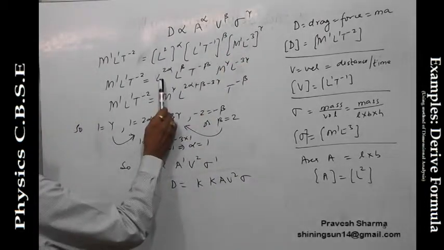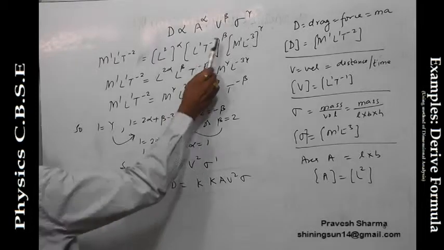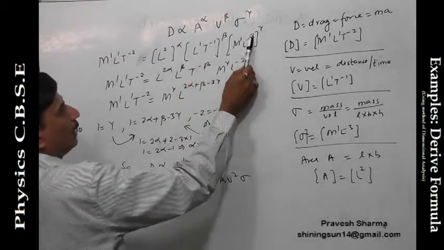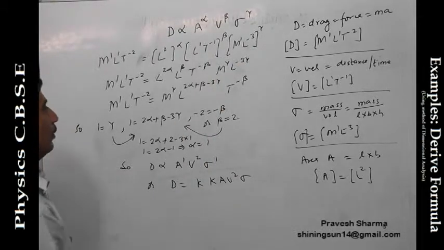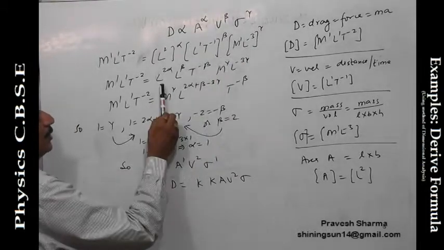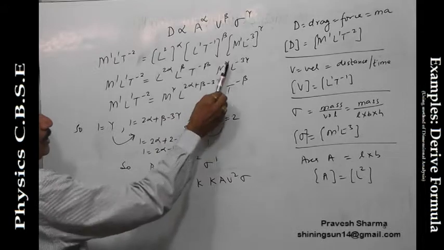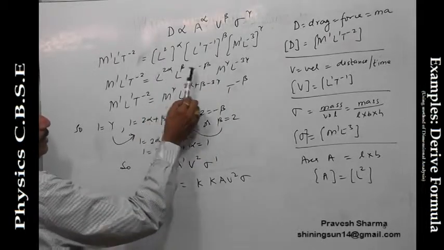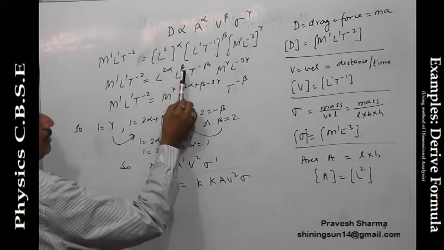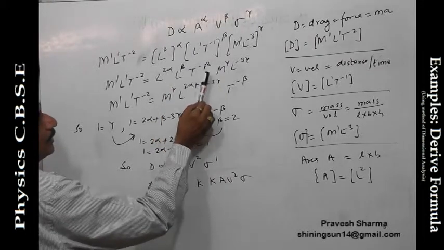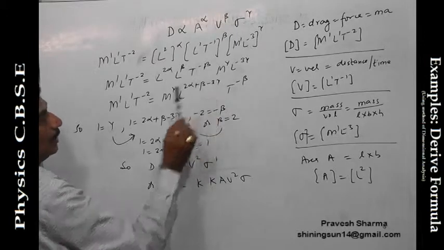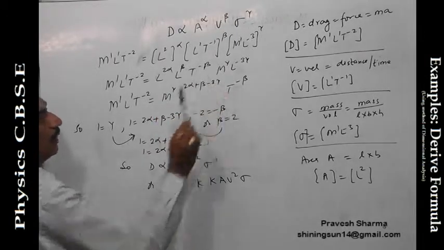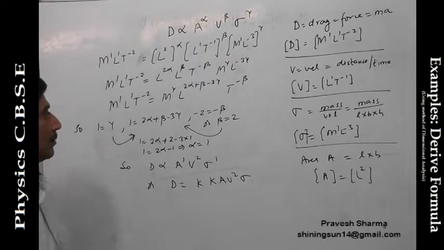You open the brackets: L to the power 2 alpha, L^beta, T^-beta, M^gamma, L^-3 gamma. We segregate the values into M, L and T. First, M is M^gamma. For L, L^(2 alpha), L^beta, and one more L^(-3 gamma). For T, I have only T^(-beta).